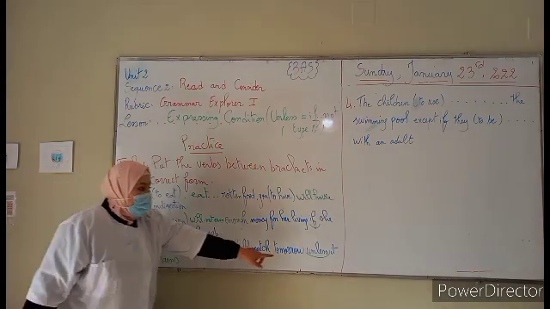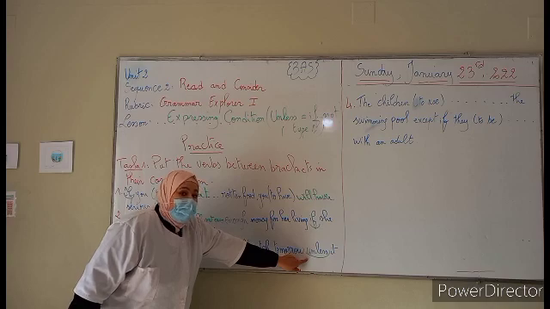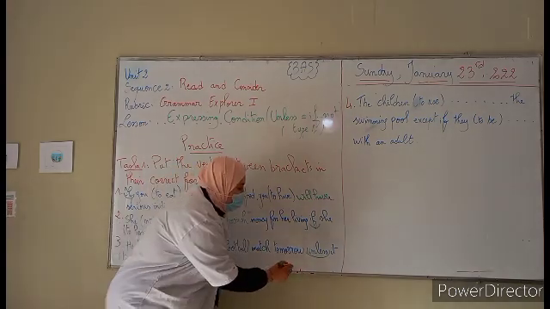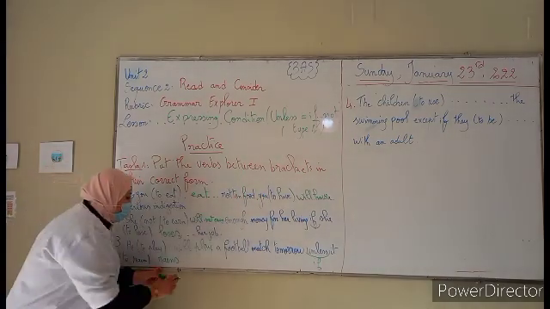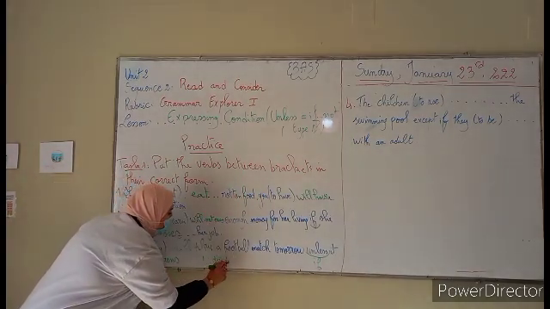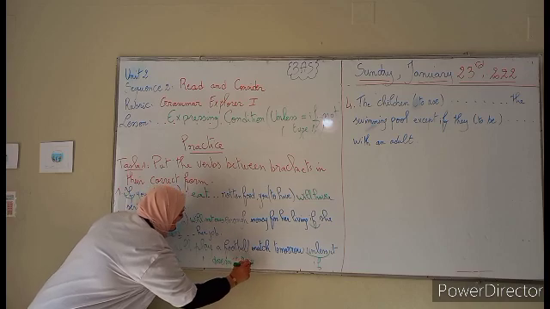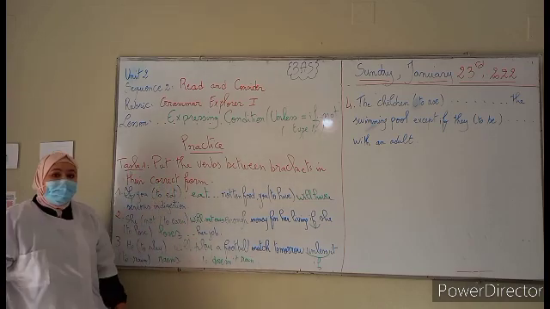Very good. So here unless can be replaced by if not. So what do we say? We can say if it, negative form, if it doesn't rain. And here we get the synonym of unless.